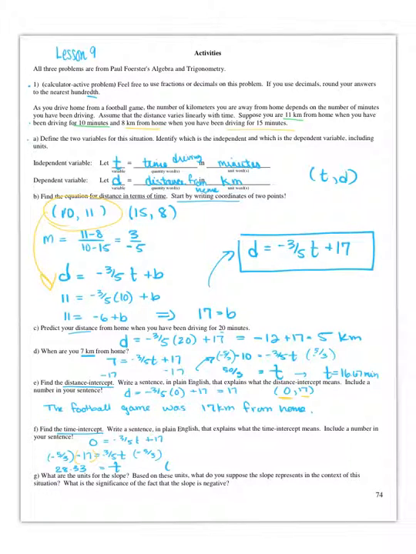So t is equal to 28.33. So that pair would be 28.33 comma 0. So then after driving for 28.33 minutes, you're 0 kilometers from home. Or in other words, after driving 28.33 minutes, you're at home.